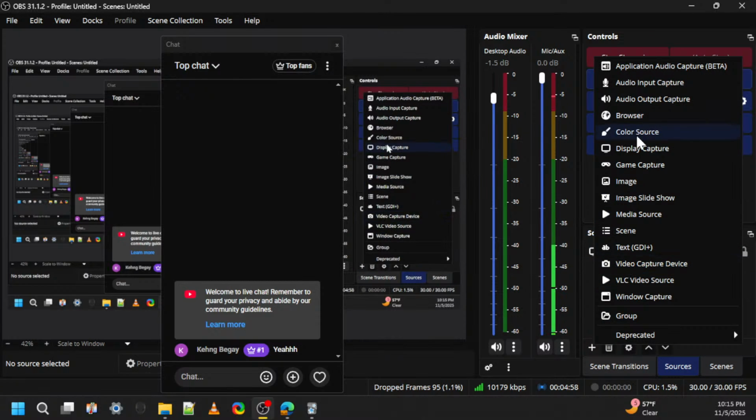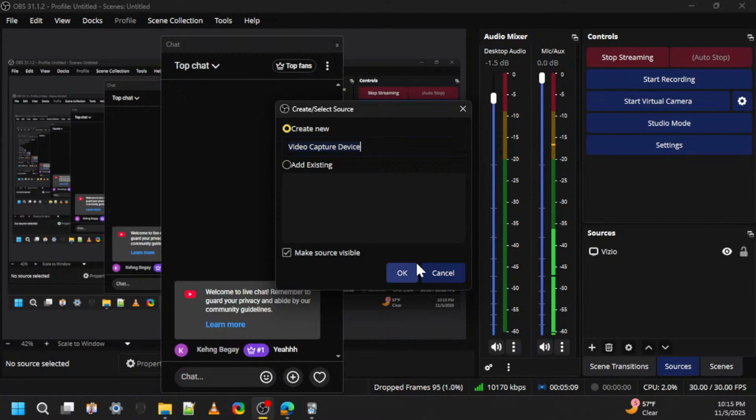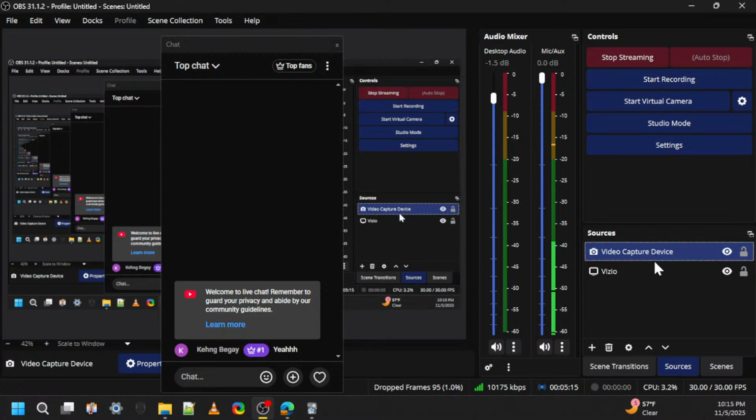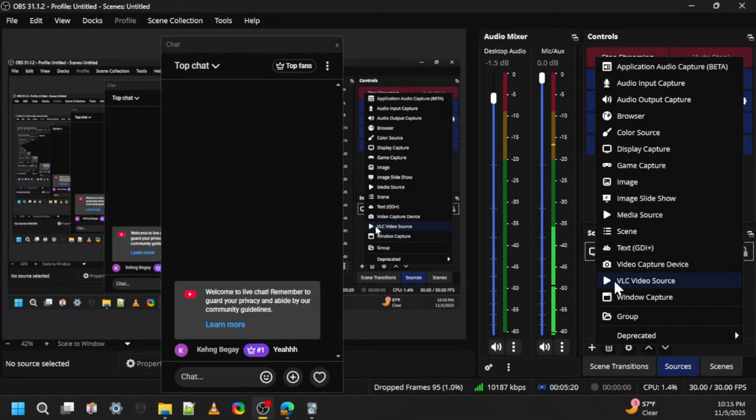Sources. Display capture. Camera. Video capture device. Yeah. No. Where is the camera? Display capture. Video capture device.